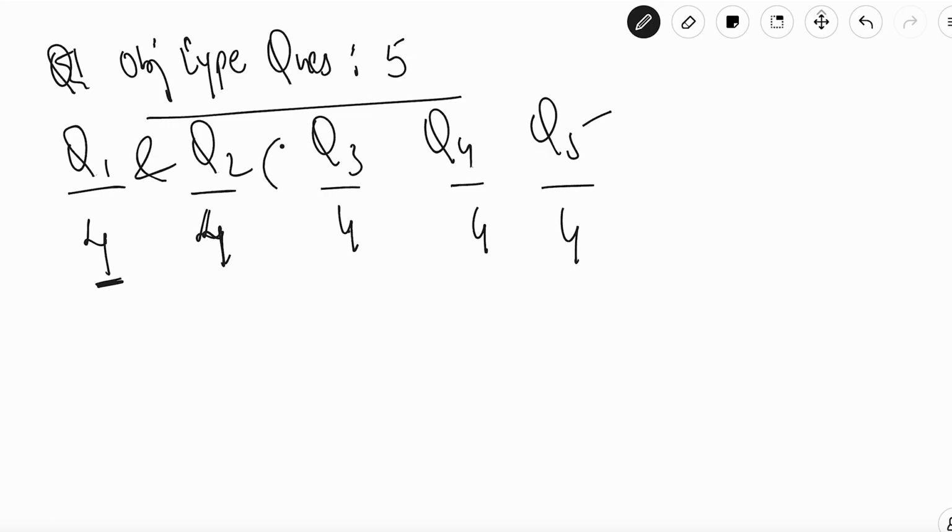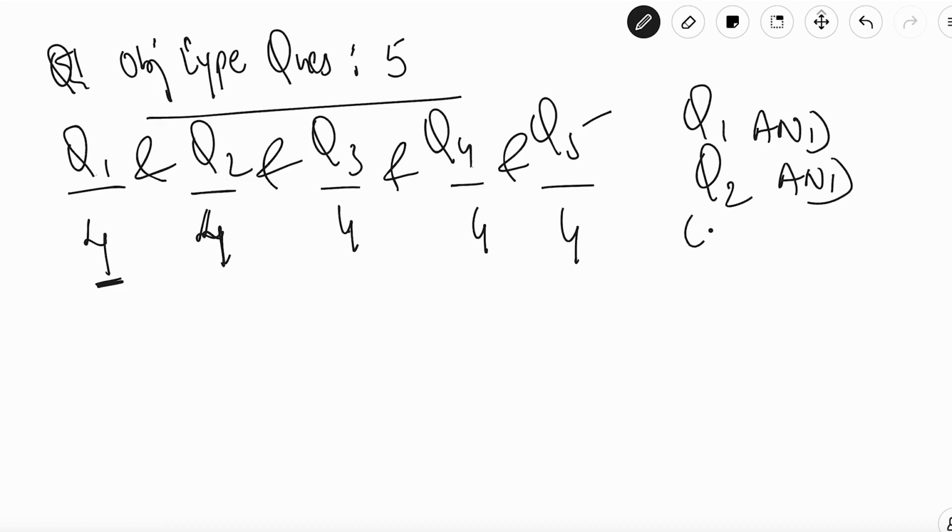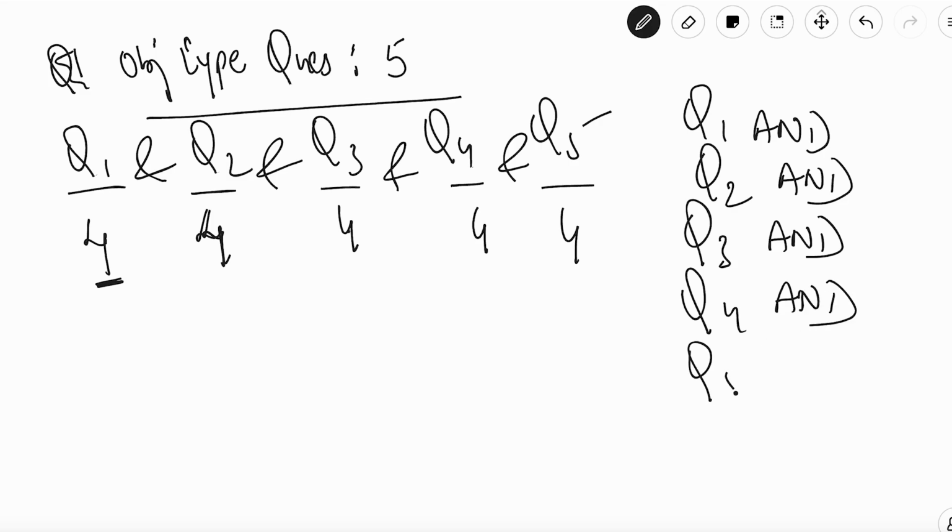And since these questions are not dependent upon one another, I have to answer question 1 and question 2 and question number 3 and question number 4 and question number 5.